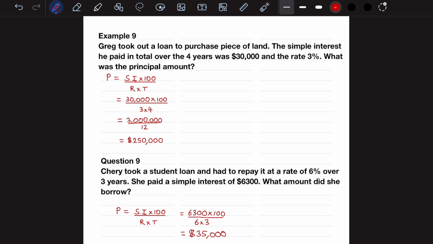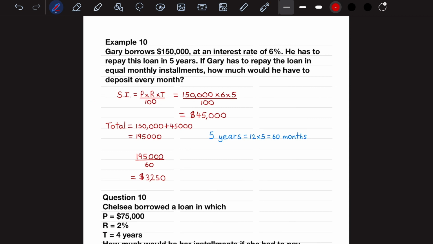All right, so let's take a look at example 10. So example 10 is not difficult. We know how to work out simple interest because we did that before.